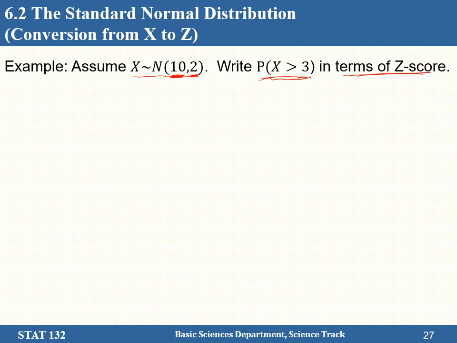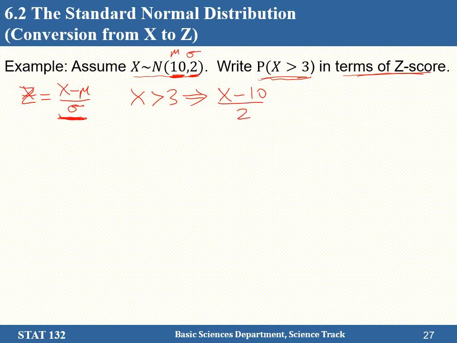Now, let's remember the relation between Z and X. If you remember, it was like this: X minus mu divided by sigma. Now, X bigger than 3 can be written as, we will apply this here. X minus mu, what is mu here? Mu is here, sigma is here. So X minus 10 divided by 2 is bigger than, do the same thing for 3: 3 minus 10 divided by 2.